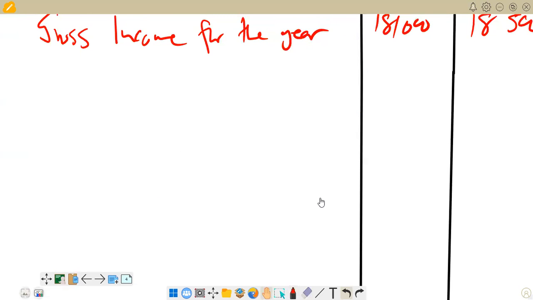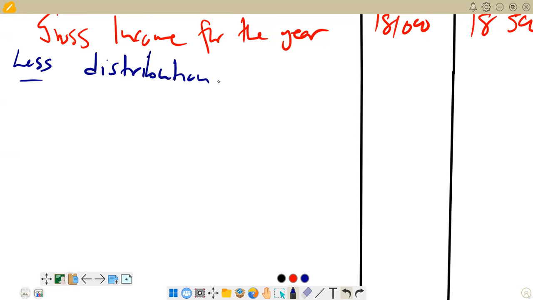We are now on the section of less distribution, administrative, and other expenses. So here we are saying less distribution, administrative, and other expenses.